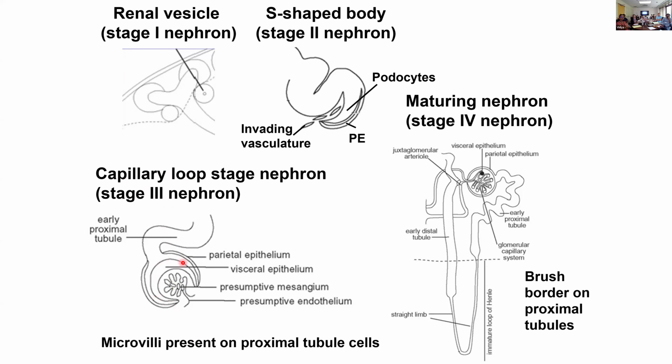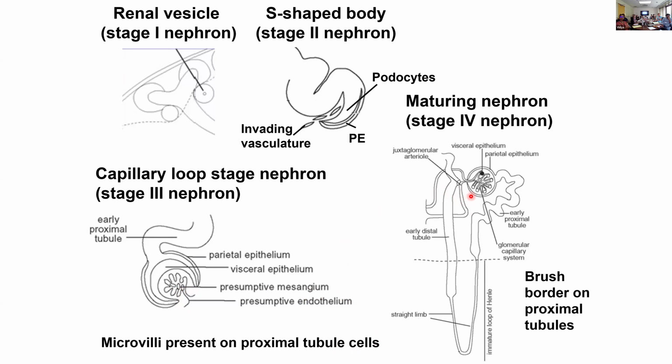In this stage, the feature of it is the podocytes. We see a lot of glomeruli, right? The podocytes are all just scattered. But in here, they are more like baby T cells, and they are columnar-shaped at the outside of the glomerulus. It's a very distinct feature to recognize the capillary loop stage nephron. And then after that are the maturing nephrons.